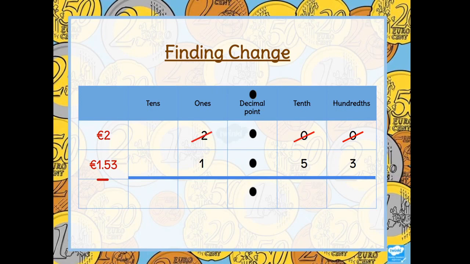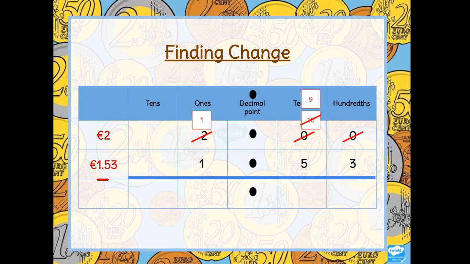Now you're taking 1 from the ones for the tenths, so you have 1 left in the ones, and in the tenths you have 10 because you are giving it to the tenths. So this tenths place has extra 10 now to give to the hundredths, so the tenths will be 9.